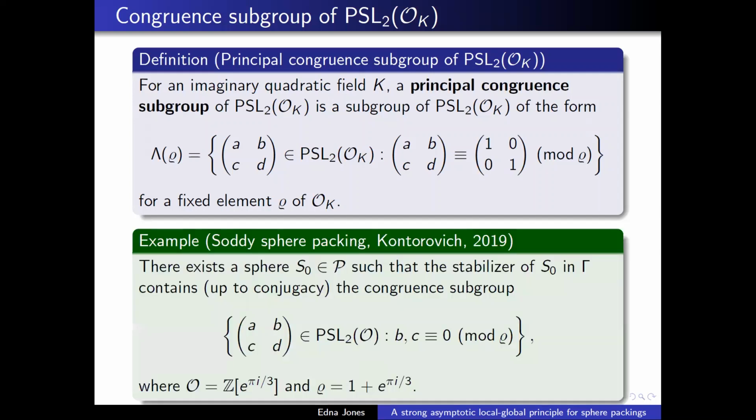And in the Soddy sphere packing case, there exists a sphere in the packing such that the stabilizer of the sphere in the automorphism group contains, up to conjugacy, the congruence subgroup here, where B and C are congruent to 0 mod rho, where we're taking matrices with entries in the integers, and rho is 1 plus e to the pi i over 3.